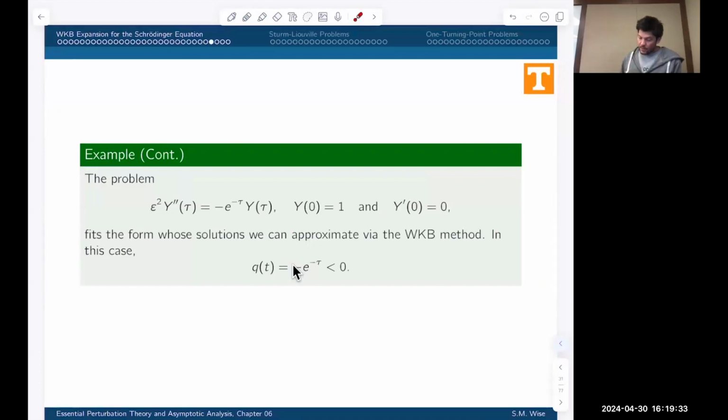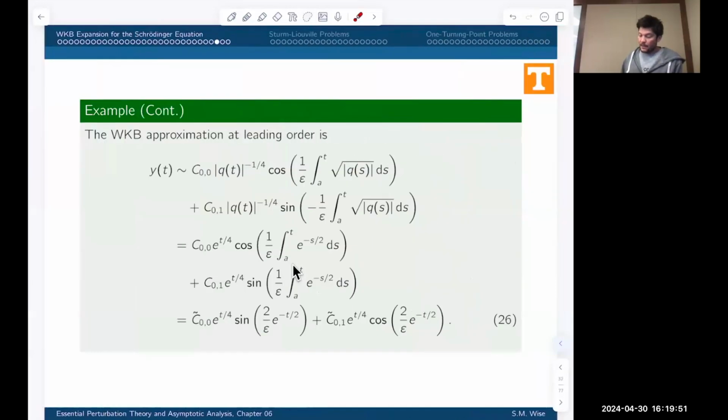All right, so Q in this case is actually negative if you set things up in accordance with our framework. So it's equal to minus exponential minus tau. So as a negative solution, we expect our WKB approximations to be sines and cosines.